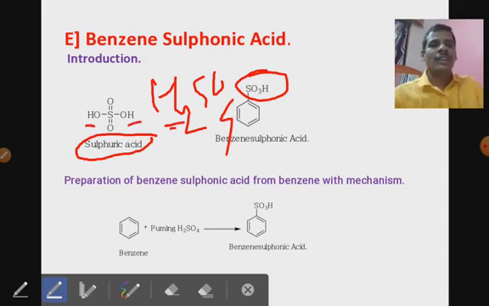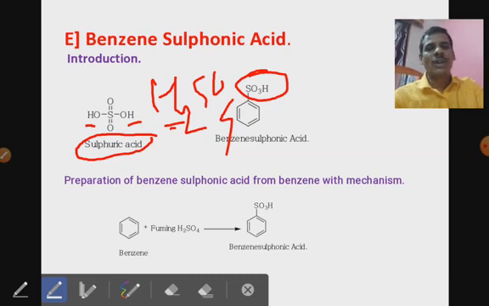In this way sulfur has the +6 oxidation state. Two oxygens are attached to sulfur through sulfur-oxygen double bonds, and two oxygens are attached through sulfur-oxygen single bonds.